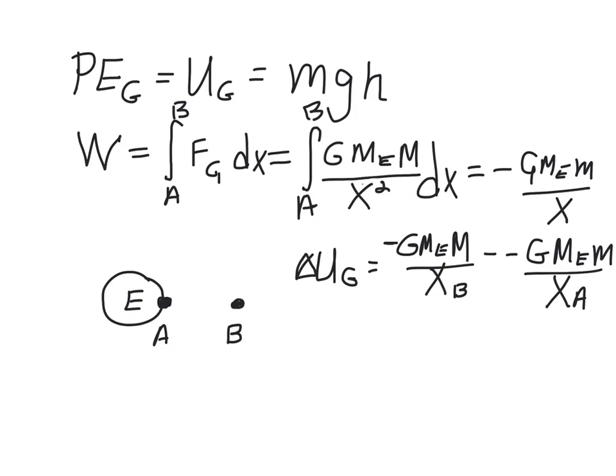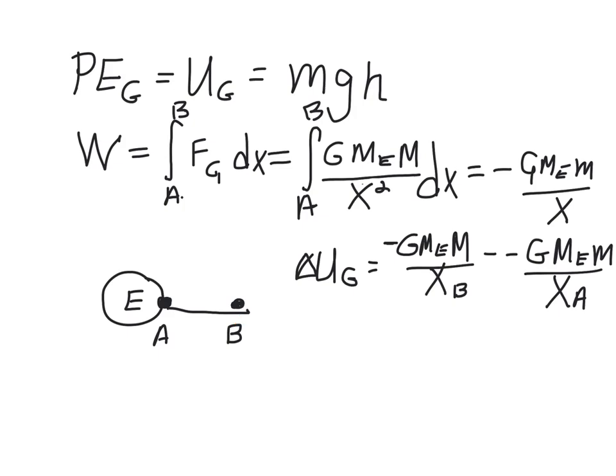So we're integrating from A to B. We're moving the satellite from point A to point B. And the force is G, the mass of the Earth times the mass of the object, the satellite, divided by the distance squared, where x_A is from the center of the Earth to point A, and x_B is going to be from the center of the Earth to point B.